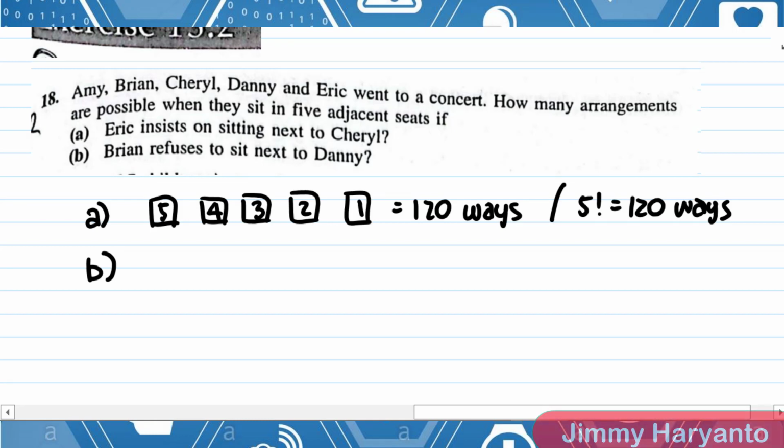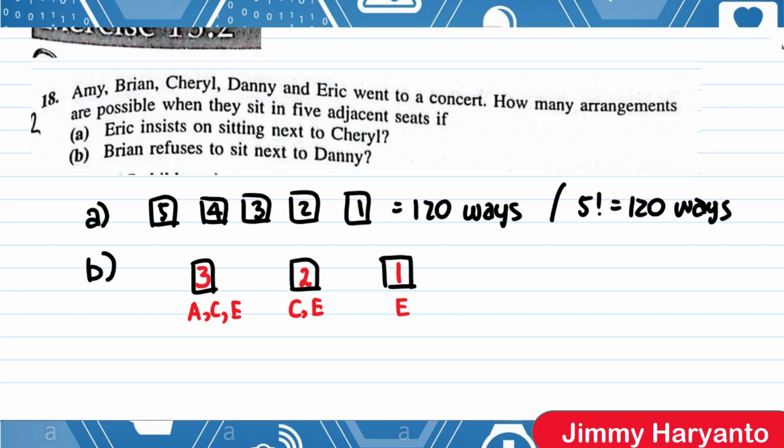We still have Amy, Cheryl, and Eric, so we have 3 places for Amy, Cheryl, and Eric. We have 3 possibilities for the first one, and then 2 for the next, and only 1 for the last.